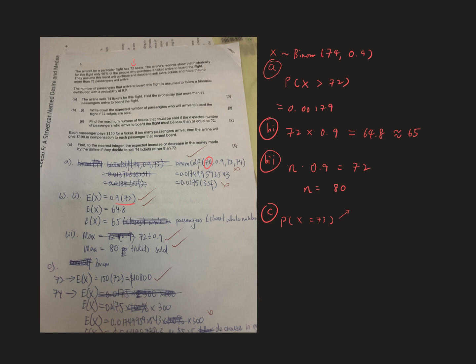That means the extra 2 people have also paid for the ticket, but only one has arrived. So we only compensate for that extra person who has arrived but can't board the flight.